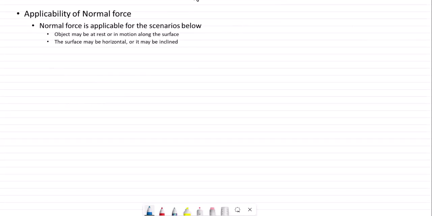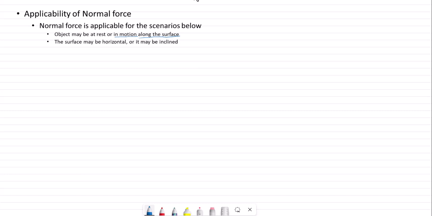Now let's consider the question, when do we have the normal force applicable in the given scenario? In our case, we took the object at rest, but the free body diagram or any of the description that I mentioned before will not change if the object is in motion along the surface. Nothing changes. Because normal force acts in the y direction, which is perpendicular to the surface, it really doesn't matter if there is a net force along the x direction.